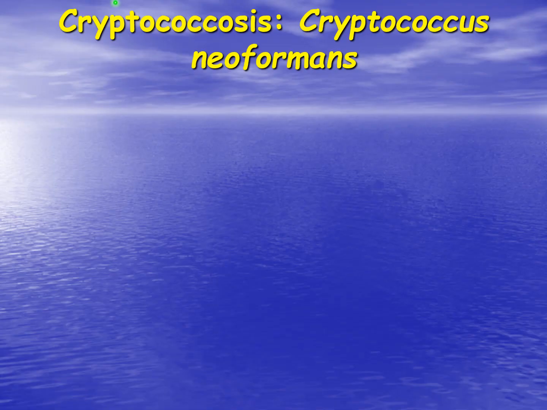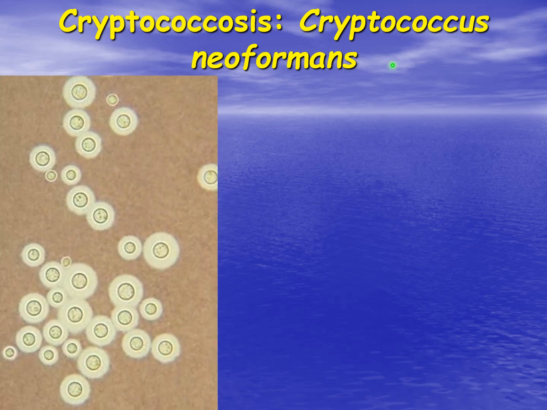And then the last of these systemic fungal diseases is cryptococcosis, caused by Cryptococcus neoformans. Cryptococcus has a worldwide distribution, and this is a classic way we diagnose Cryptococcus. This is the actual yeast, and Cryptococcus then has this very large protein capsule around it.